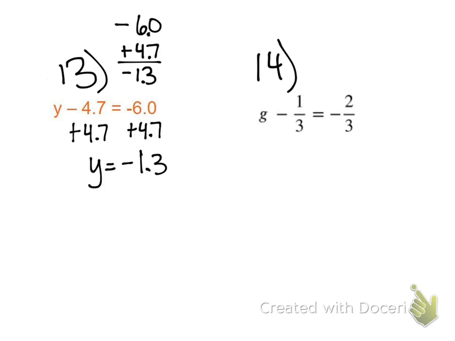All right, on 14, what do we need to do? Add 1/3. Add 1/3 to both sides. If you want to write your fractions out next to each other, negative 2/3 plus 1/3, if that helps you add them, that's fine to show some work. What do we get for G?